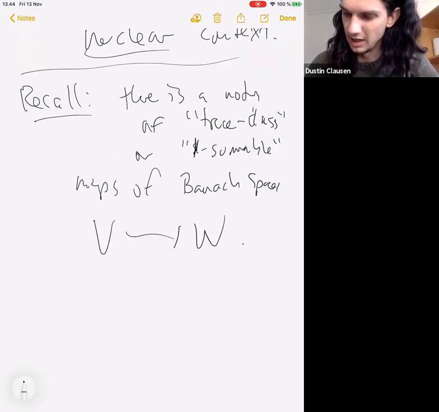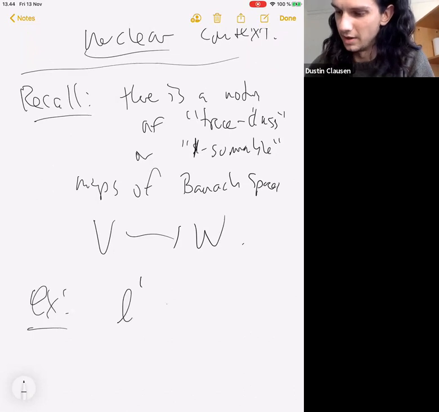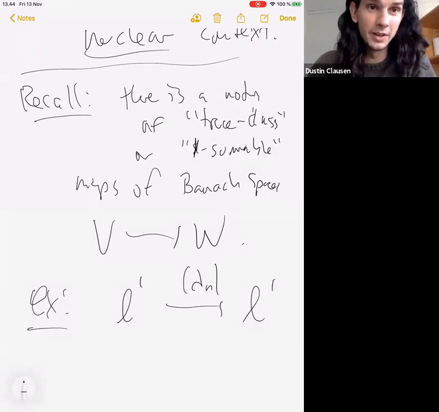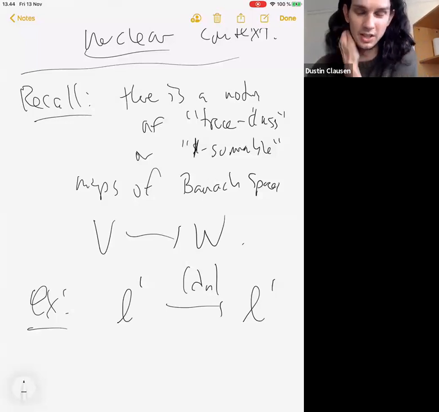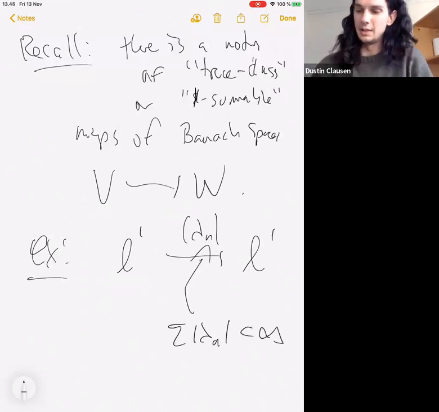But let me give the most basic example: you take the sequence space L1 and you map it to itself by a diagonal matrix. So just scalar multiplication in each entry, where this lambda_n is also one summable. So that's the basic example of a trace class map between Banach spaces.